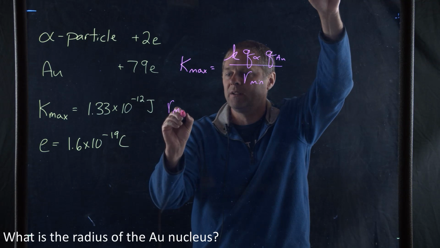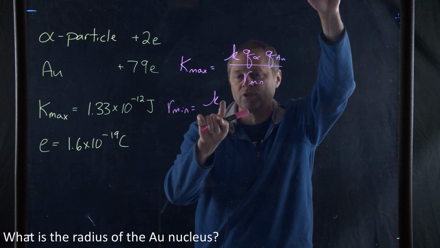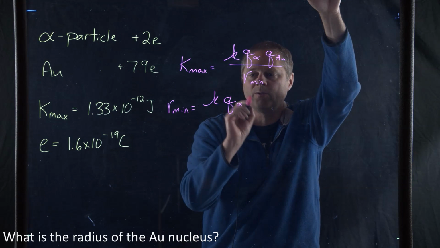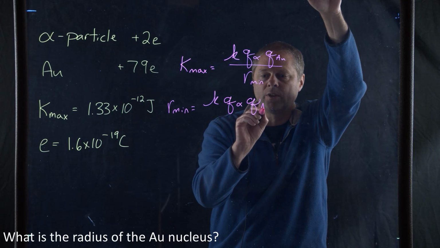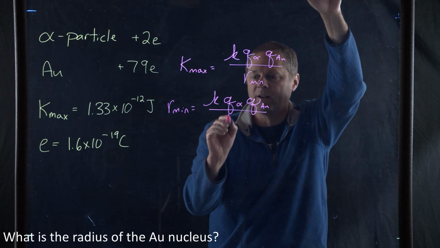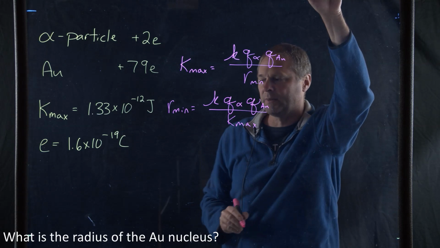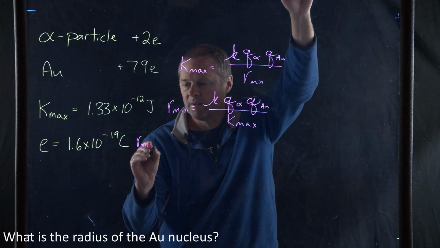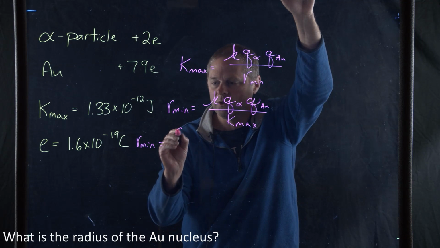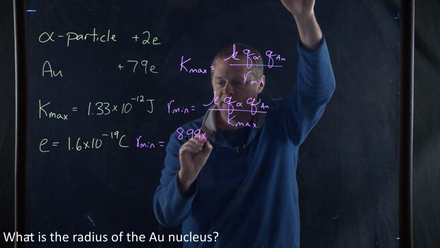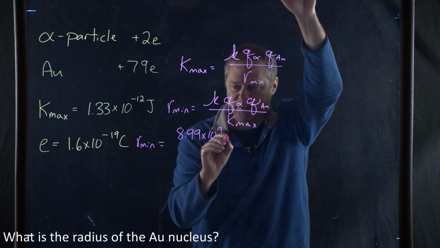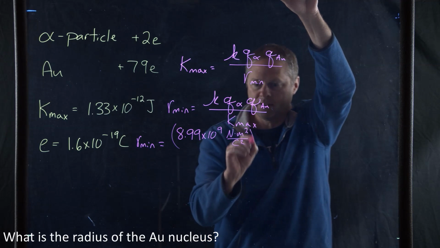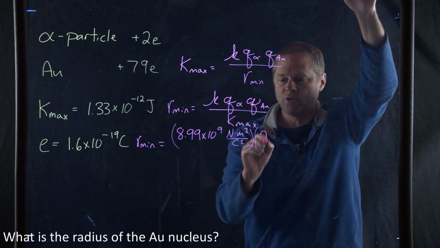So our R min is equal to K, which is a proportionality constant, times the charge of the alpha particle, times the charge of the gold particle, all divided by our kinetic max, or our maximum kinetic energy. Therefore, our R min is equal to K, which is 8.99 times 10 to the 9th newton meter squared per coulomb squared, times 2e.